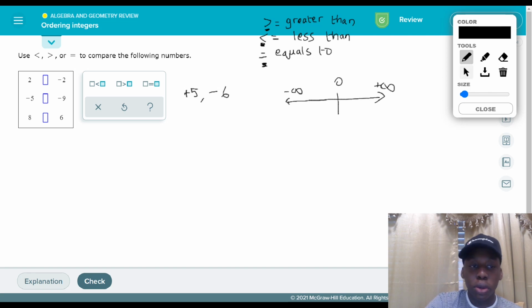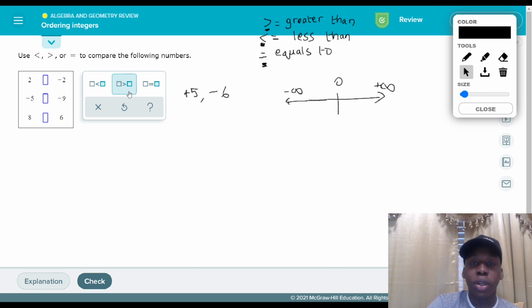Based on that, we will be able to solve this first question. We're given two separate numbers. This is a positive number. It doesn't matter if they don't put in the sign, as long as there's no sign, it's automatically a positive number. So this is a positive 2 and this is a negative 2. Based on what I just said, all positive numbers are bigger than all negative numbers, so any positive number is bigger than negative 1 billion.